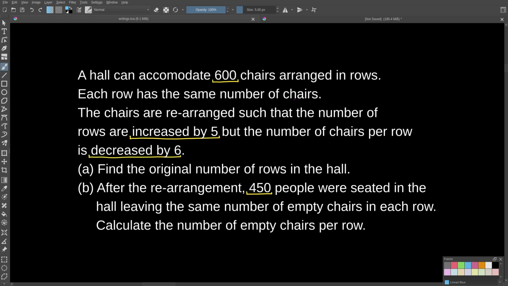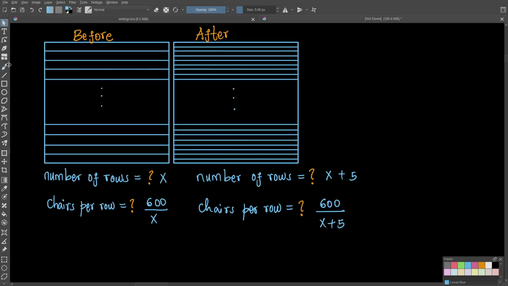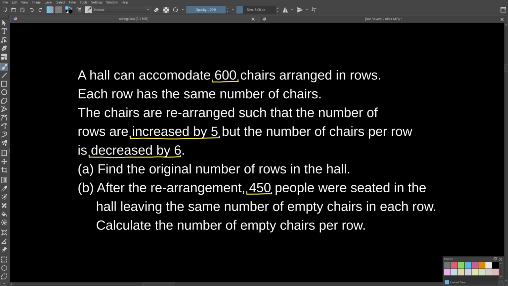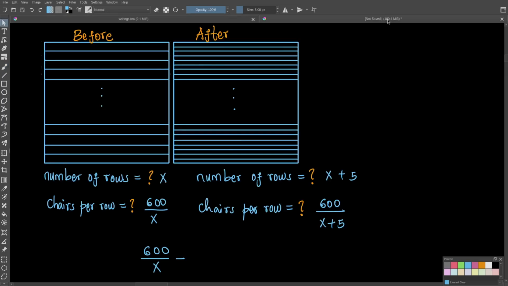Okay, so looks like we have something good here. Now let's go back to the question. We are told after the rearrangement, the number of chairs per row is decreased by 6. So if I take the original number of chairs per row, 600 over x, and I decrease it by 6, I should be able to get the number of chairs per row afterwards, which is 600 over x plus 5.